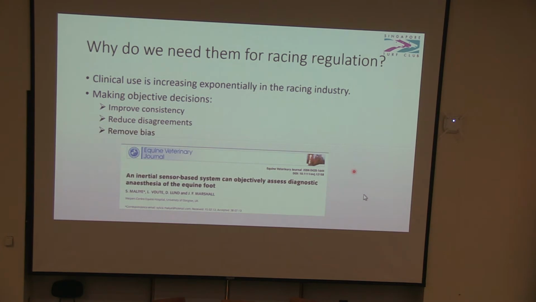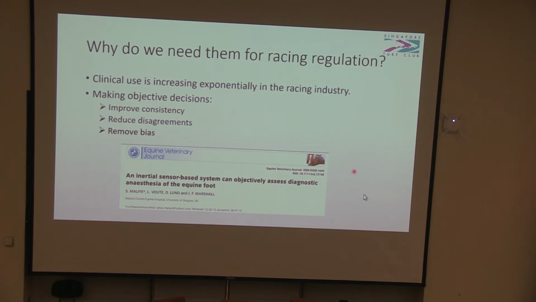And it removes bias. So it's been shown, again, numerous times that as clinical vets, we often are biased with nerve blocking. We like to think that it's improved more than what it has. I certainly do that. I'm guilty of that, especially on a Friday afternoon. But as regulatory vets, we like to think we're not biased at all.